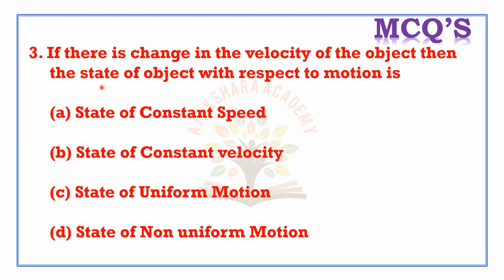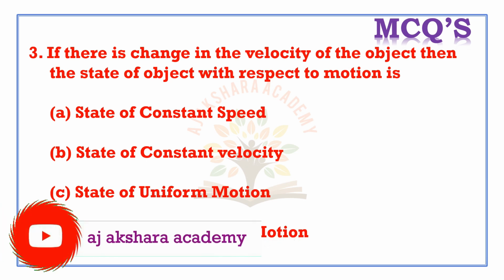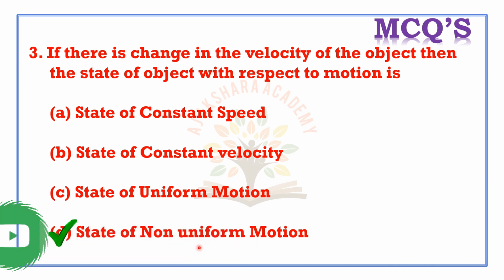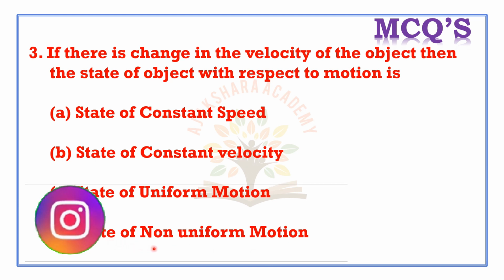So what is the state of the object with respect to motion? That is non-uniform motion. Non-uniform motion is nothing but unequal changes in equal intervals of time. So the state of the object with respect to motion is the state of non-uniform motion. Option D is correct.